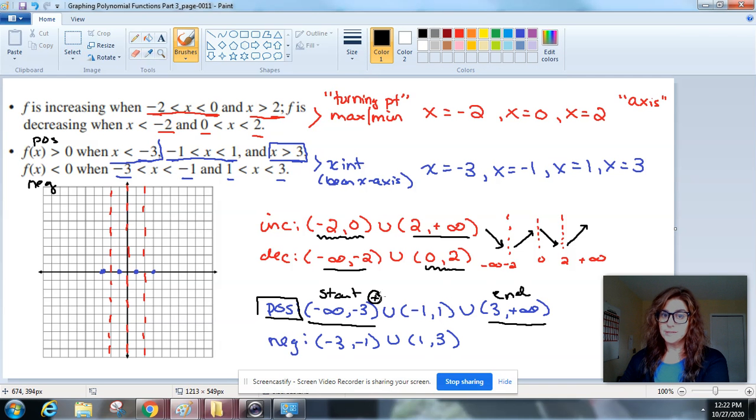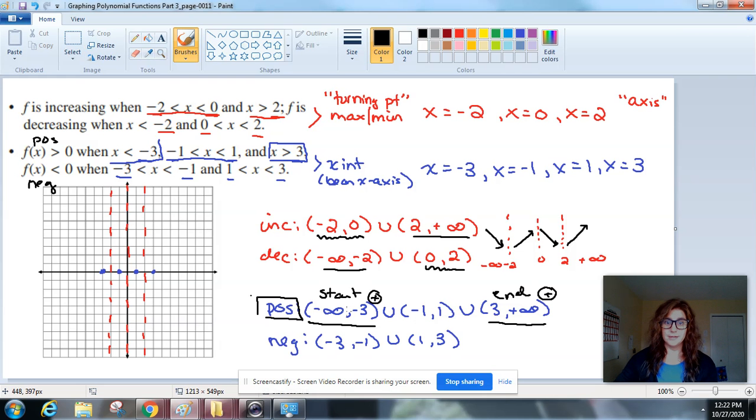So I'm going to start in the positives, and I'm going to end in the positives. All that other stuff, the -1 to 1, the -3 to -1, 1 to 3, is going to be important. That we'll use it to help me check, but I have a main idea of how I can graph this now. So basically, I'm going to use that same idea as my end behavior.